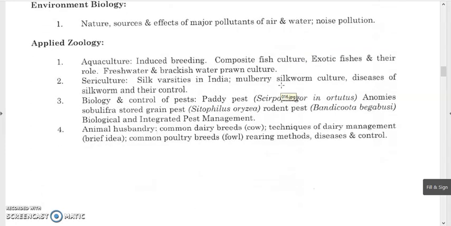Applied biology, the applied zoology part: aquaculture, induced breeding, composite fish culture, exotic fish and their roles, freshwater and brackish water prawn culture, sericulture, silk varieties in India, mulberry silk culture, diseases of silkworm and their control, biology and control of pests, paddy pests, different stored grain pests like Cytophilus, rodent pests like bandicoot, and biological and integrated pest management.